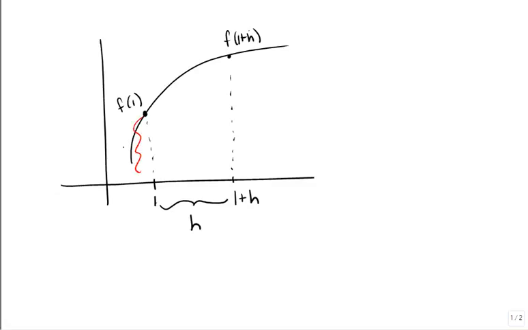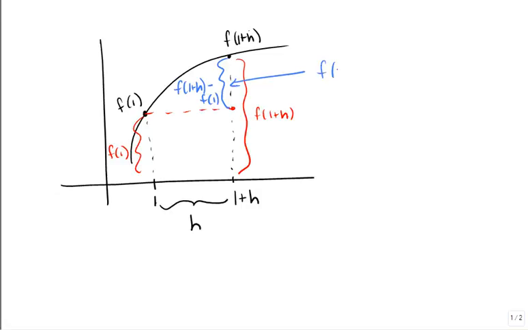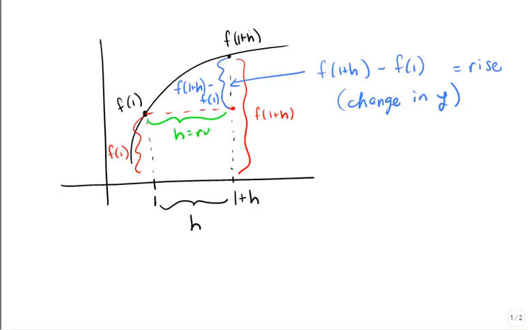Okay, so this distance is f of 1. This distance is f of 1 plus h. The difference in blue is going to be f of 1 plus h minus f of 1. That's right here. It's the tall distance minus the short distance. This is the change in the y, so that's the rise. And this right here is h, and that's your run.